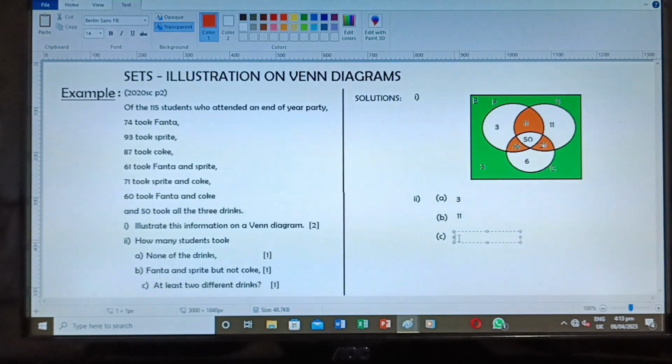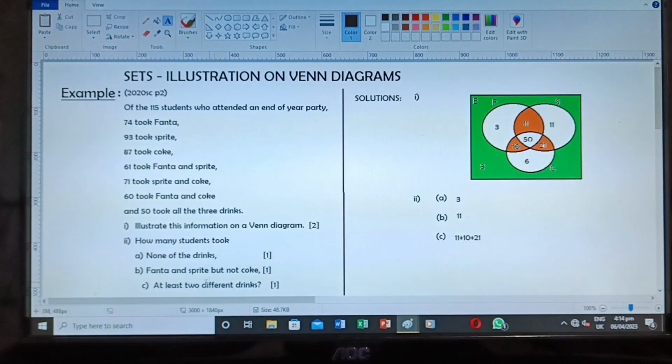So putting our answer here, we shall say 11 plus 10 plus 21. Those who took 2 drinks only. So we have 11 plus 10 plus 21, and adding this, we are getting 42.